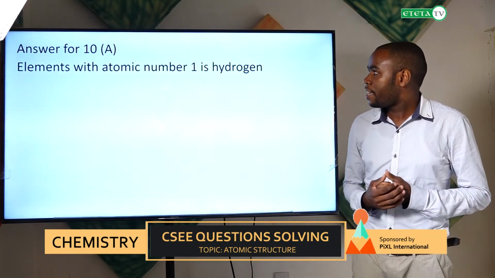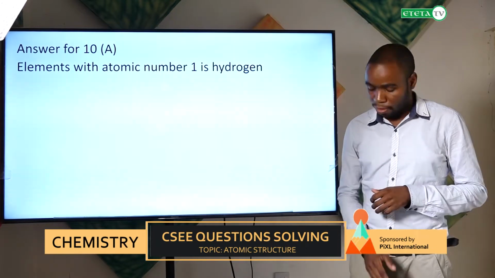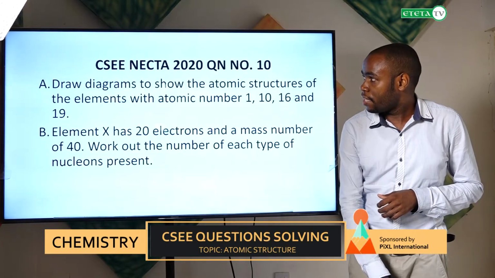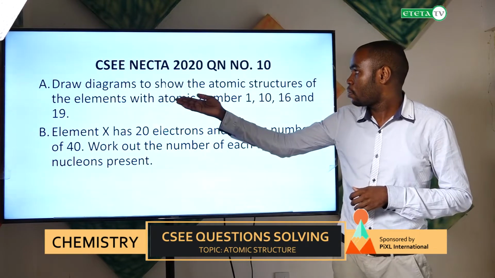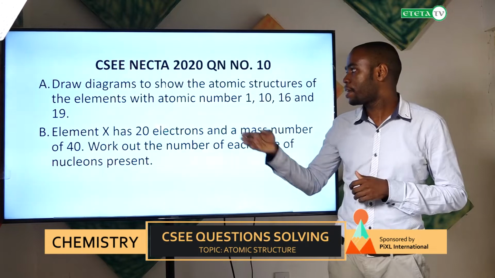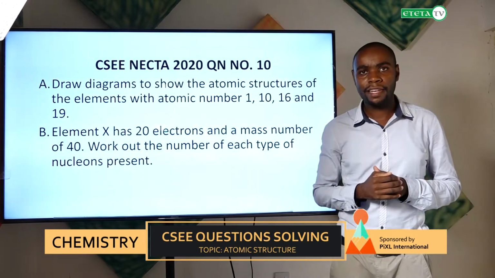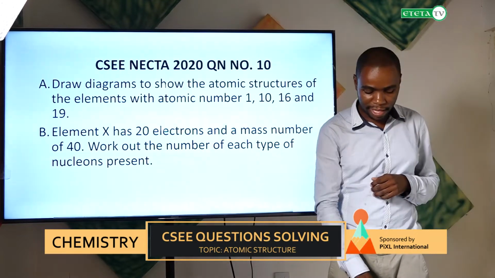Here in question number 10A, what is required is the atomic structure, to draw the diagram which shows the atomic structure of the element with the atomic number as mentioned here, 1, 10, 16, and 19.